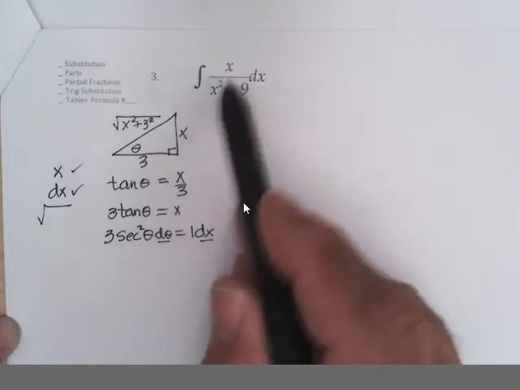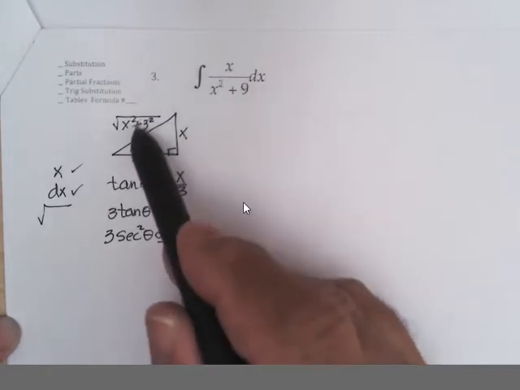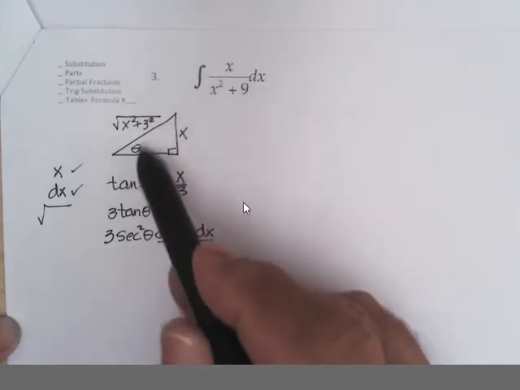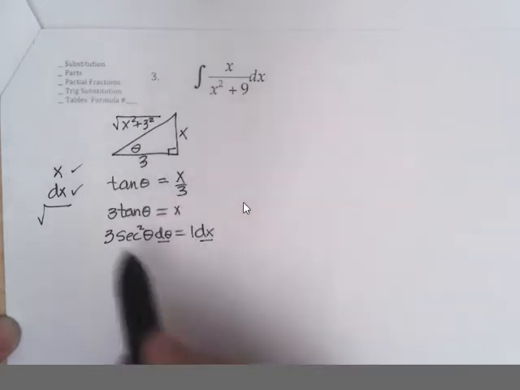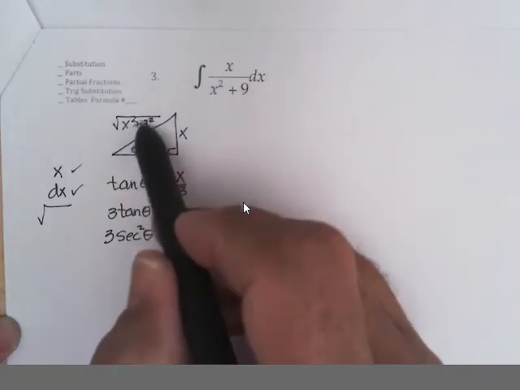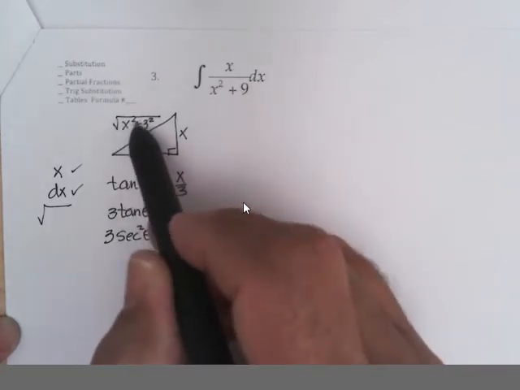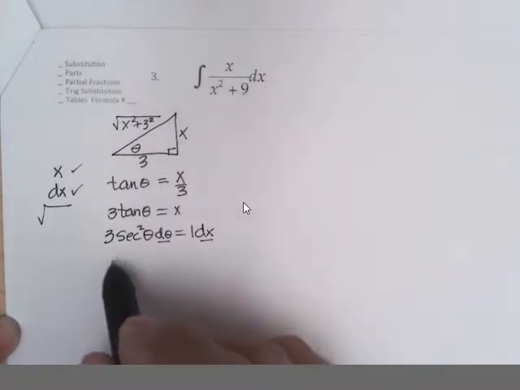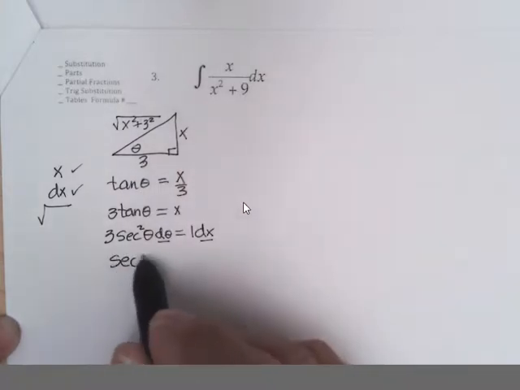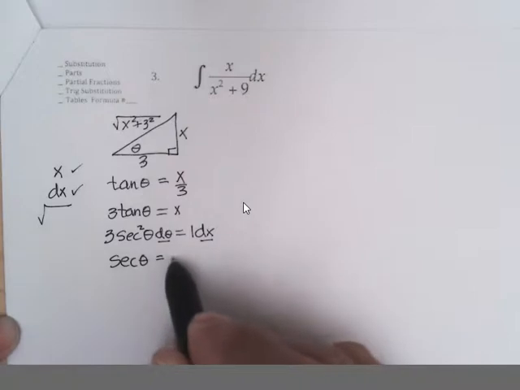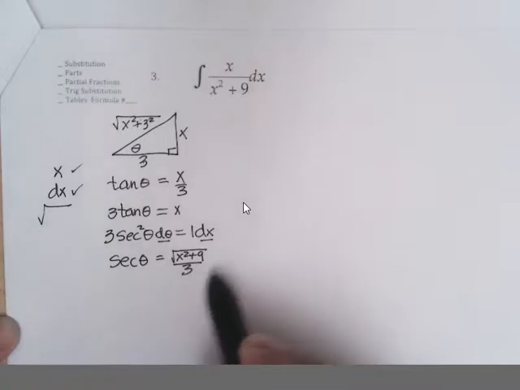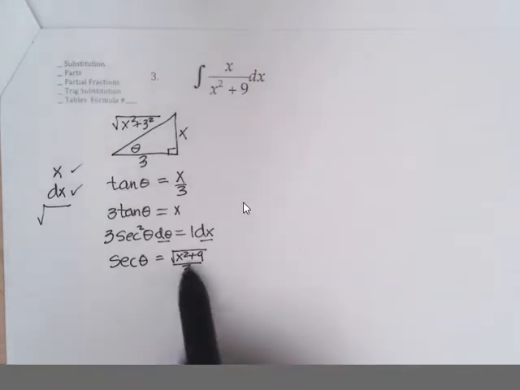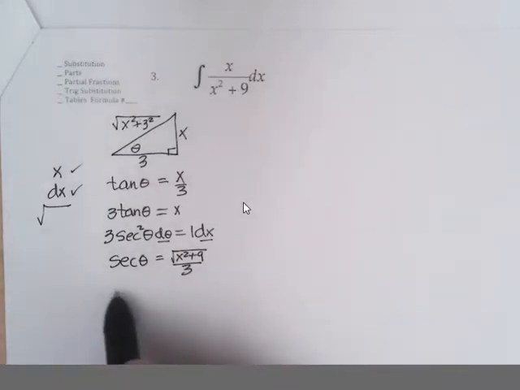I don't want to make this any more complicated than I need, so I'm going to do the square root of this with the 3. I want this in the numerator, so that'll be hypotenuse over adjacent, which is the reciprocal of cosine, or secant of theta is the square root of x squared plus 9 over 3. So I don't have the square root completely. I got a 3 there, so I'm going to multiply both sides by 3.